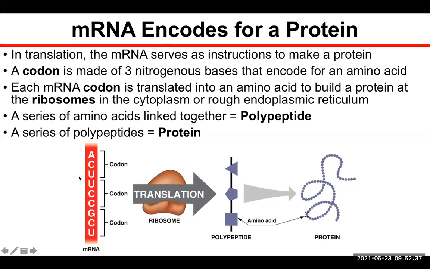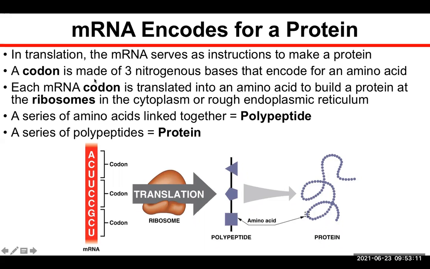Okay, so in translation, this messenger RNA is going to serve as the instructions to make a protein. The way this is going to be done is by the system reading these things called codons. Codons are just these three letters, three nitrogenous bases, that all encode for one kind of amino acid. These amino acids are basically going to be the building blocks of the protein.